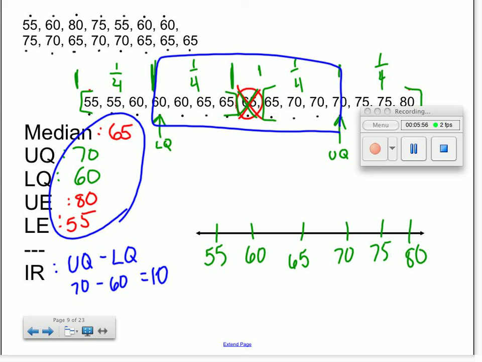That's why I put a line here. You never graph the IQR. Just those 5 numbers. So when I put my dot on for 65, please put it a little bit higher. The next number is 70, so put that one a little bit higher, keeping them all at the same height. Then we have a 60, an 80, and 55. Let's say I had a 71.5.